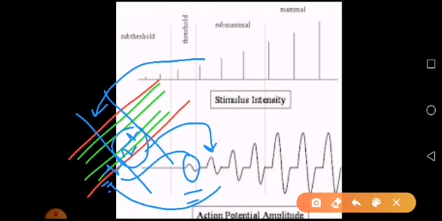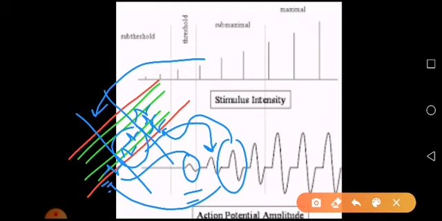Also, when we increase again the intensity of the stimulation, we obtain higher amplitude since, guess what? How many action potentials do we obtain here? We obtain, for example, 3 action potentials in 3 different fibers. The sum of them is obtained here.